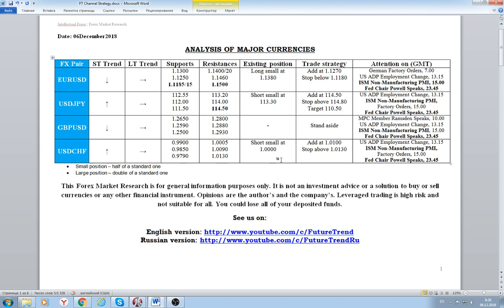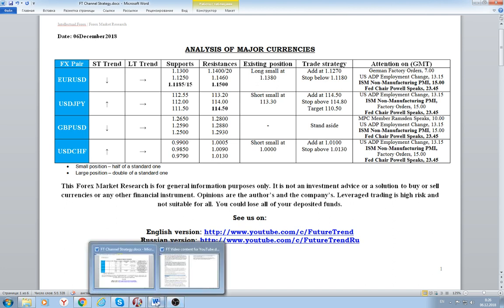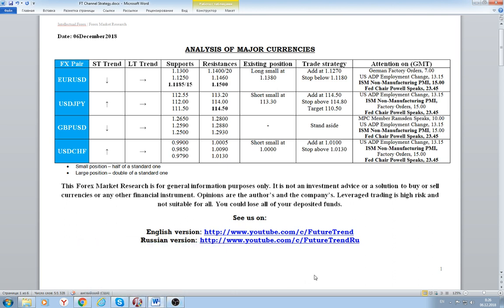Also, we should not forget about the Christmas rally, the Christmas liquidity, and the end of year different kinds of demands or offers in different currency pairs. We should understand that December could be really very unpredictable. That's why we advise you to take care and be safer with stop losses.